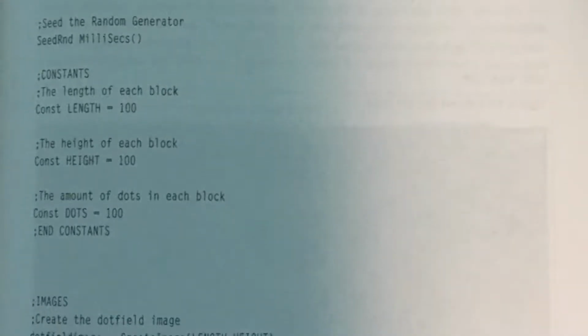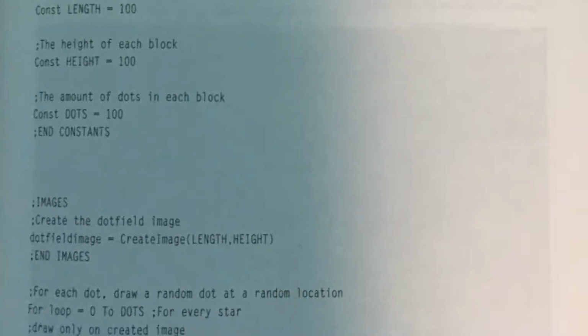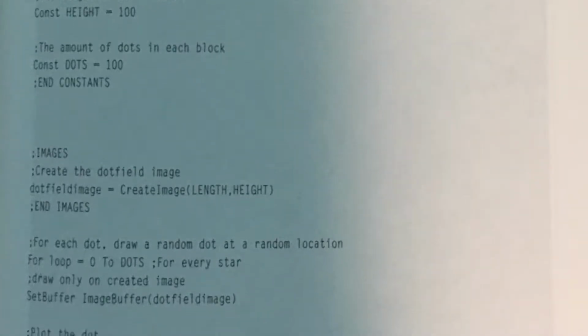And some other stuff in here. And here's an example of the graphics, such as setting up the graphics. Graphics are 800 by 600. And there's even SeedRnd MilliSecs. And there are constants with length, height, and width.